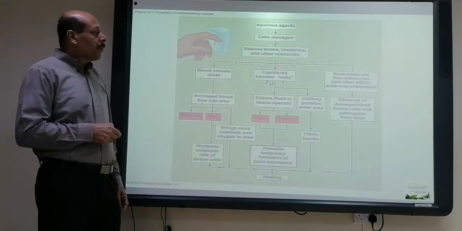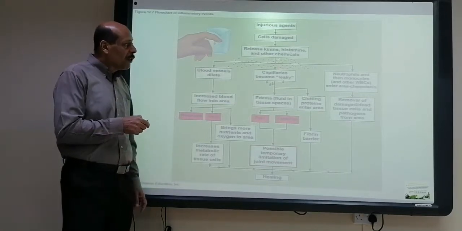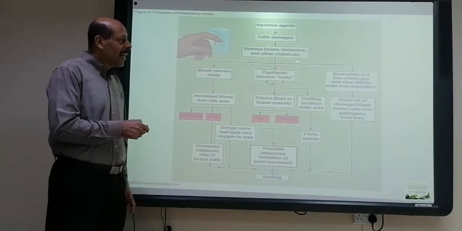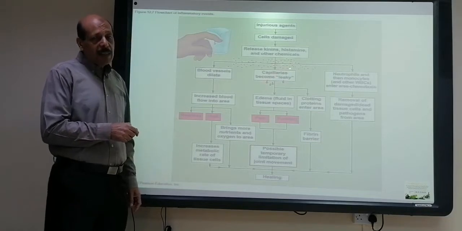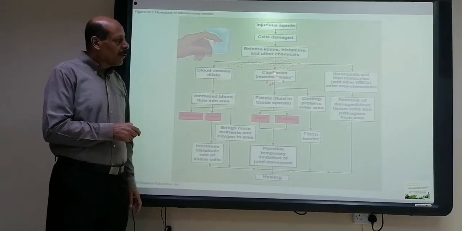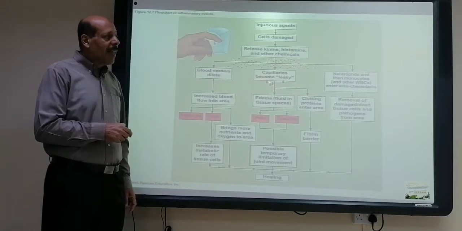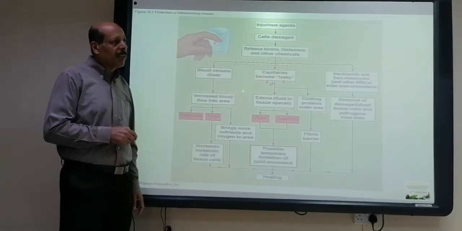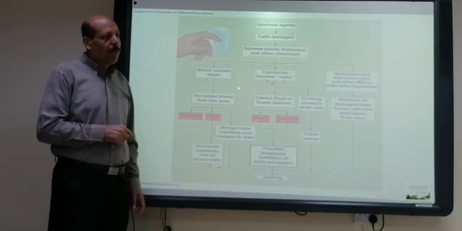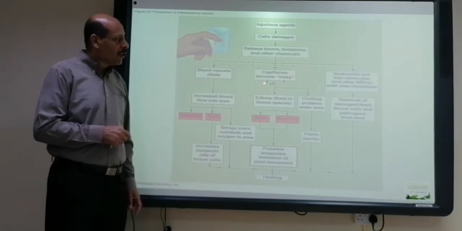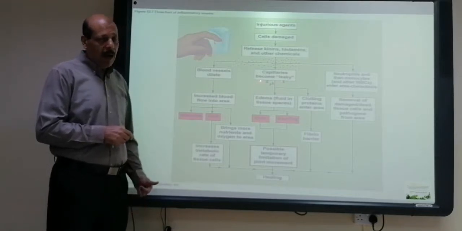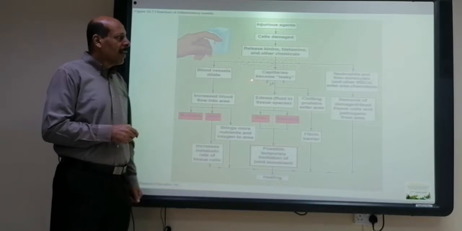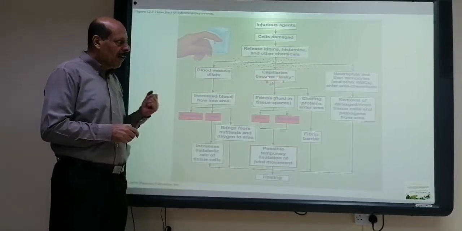Then the effect of those chemical substances on the capillaries at the area makes them dilate too. You remember from the previous chapter on the cardiovascular system that the capillaries are only one layer thick.